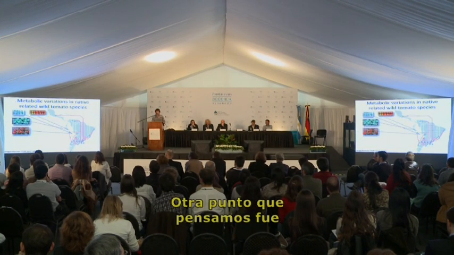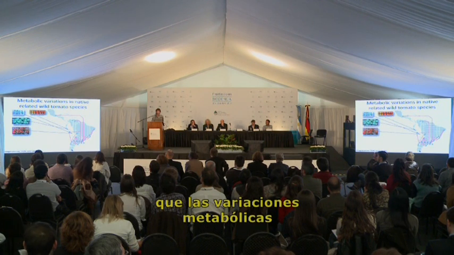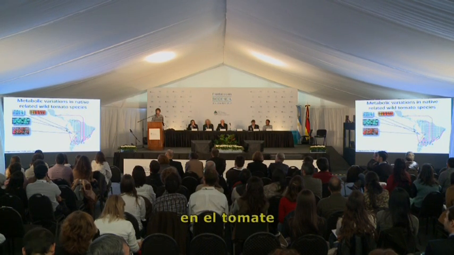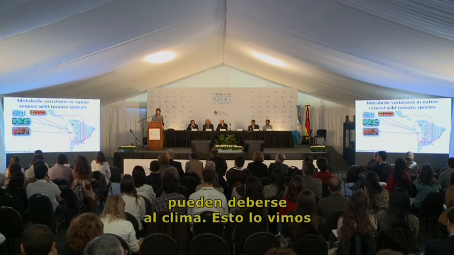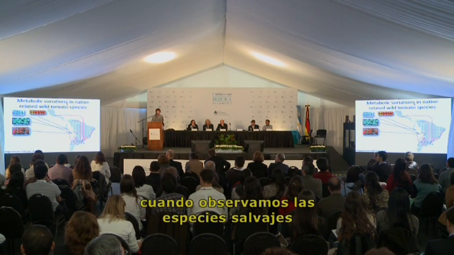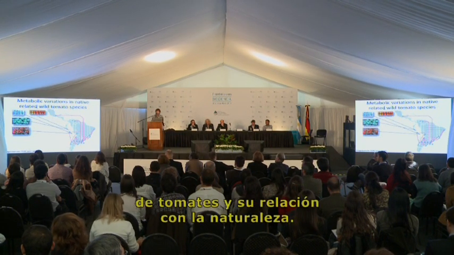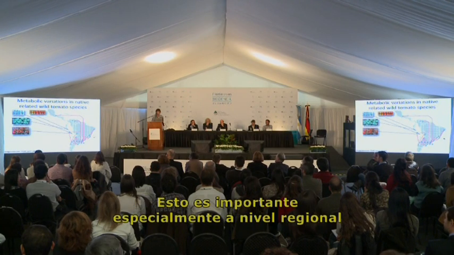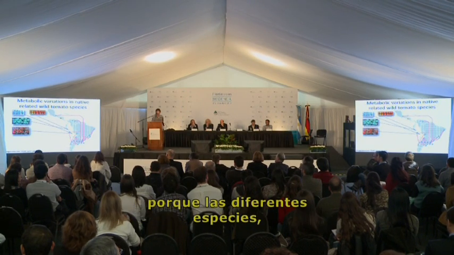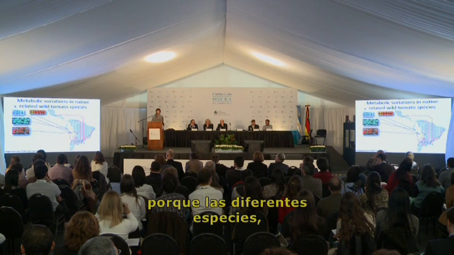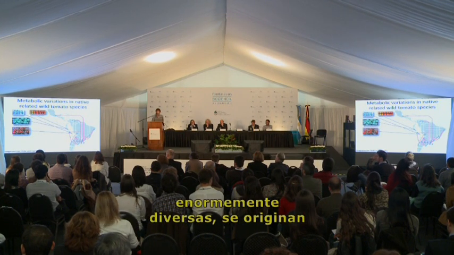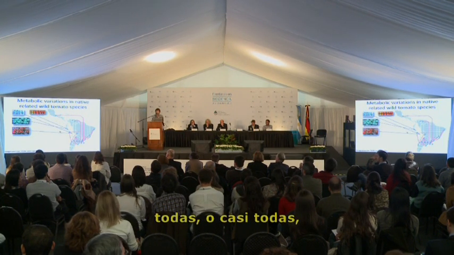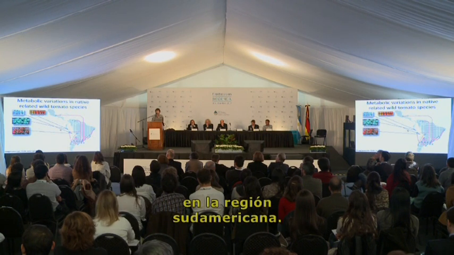The other thing that we thought is that the metabolic variation in the tomato fruit can be better exposed when we look at the native related wild tomato species. And this is important, especially at the regional level, because the different species, which are enormously diverse, are all of them, or almost all of them, native to the South American region.